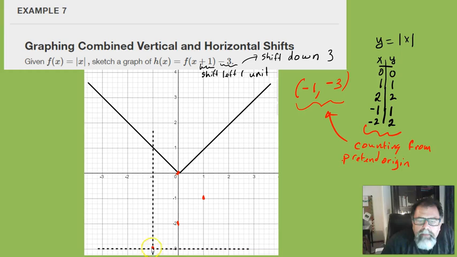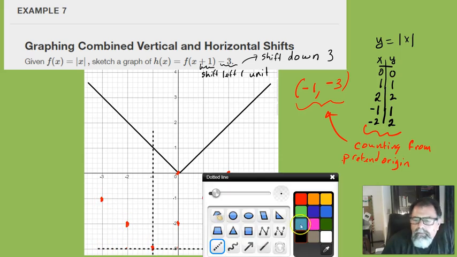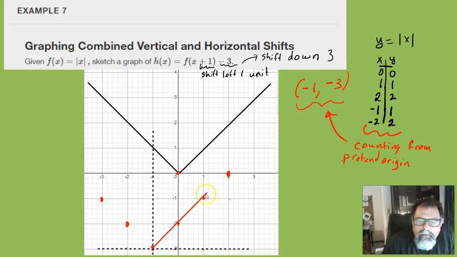Okay, so counting from here, I'm going to do 0, 0, 1, 1, go back to the pretend origin, 2, 2, back to the pretend origin, 1, 2, 3, 1, 2, 3, and then I'm going to do my negative side: -1, 1, -2, 2, and let's do this one in red.